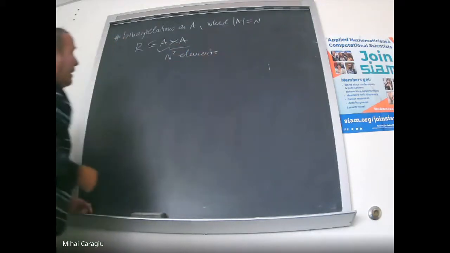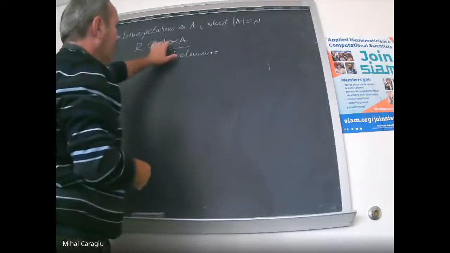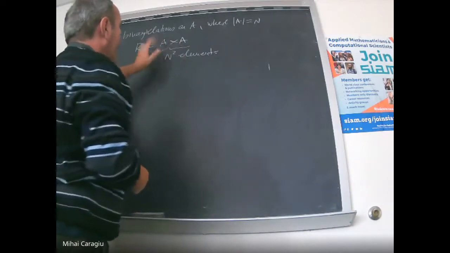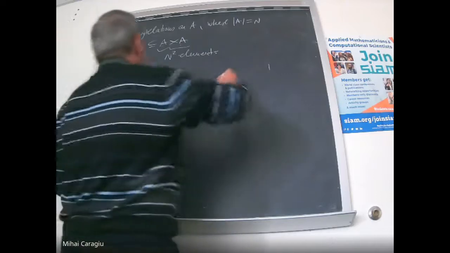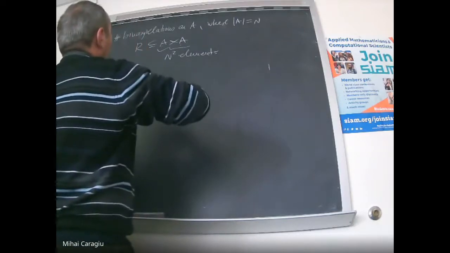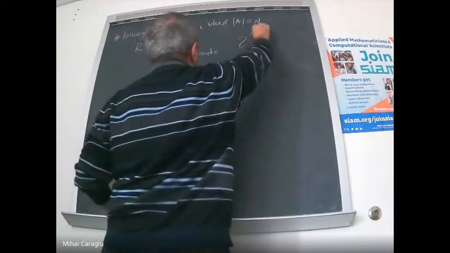Being a Cartesian product, the number of elements is the product of the individual numbers of elements in the two sets. So the number of binary relations is 2 to the power n squared.